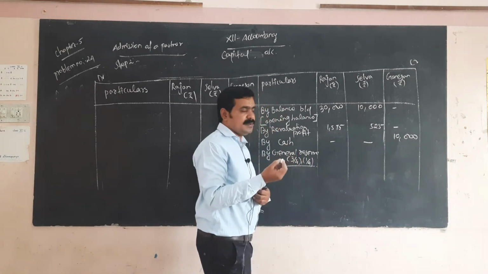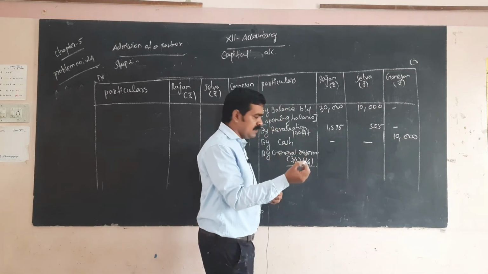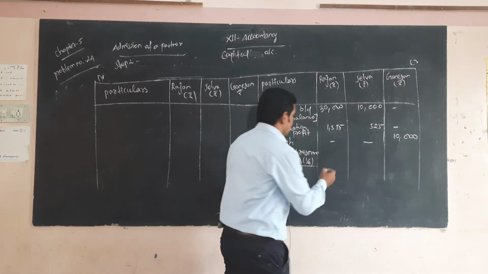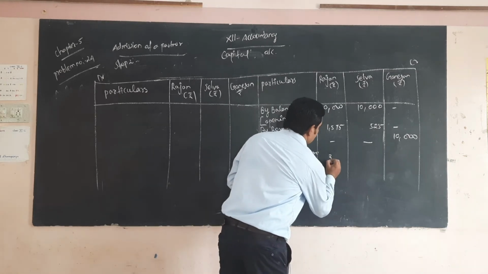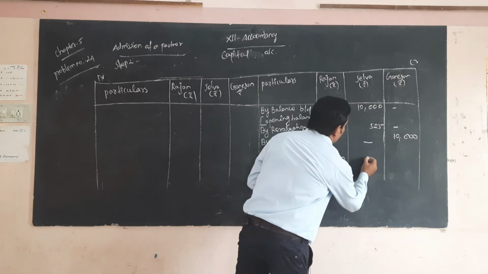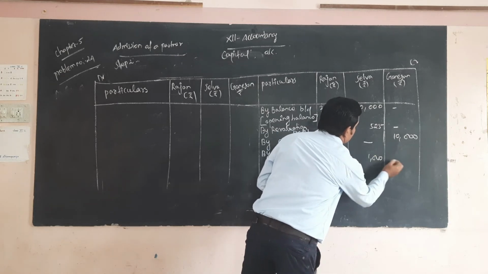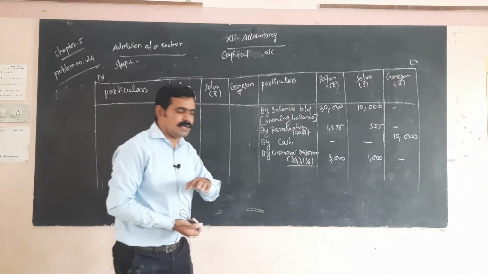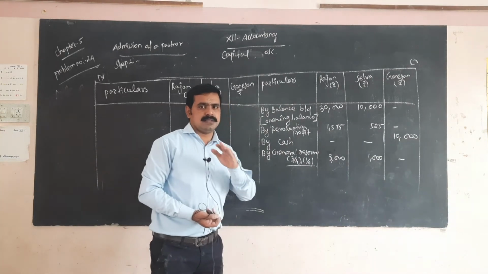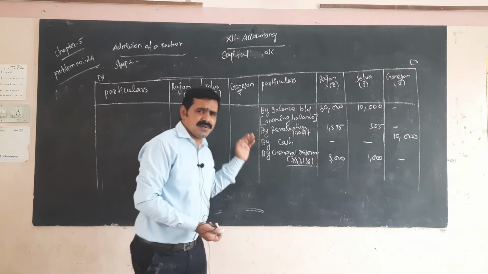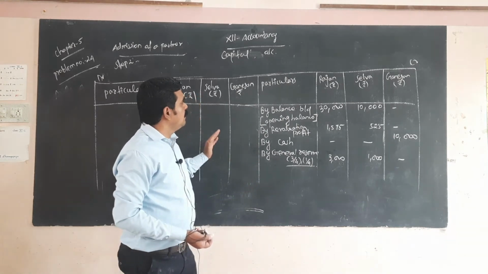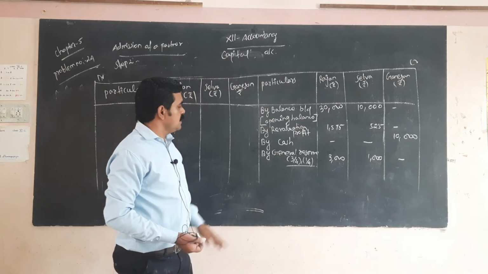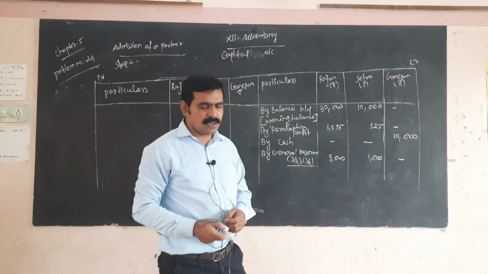So how will it be distributed? 4,000 means 3,000 and 1,000. You got it? It's a very important thing when you are calculating the admission of a partner. So revaluation account, general reserve.